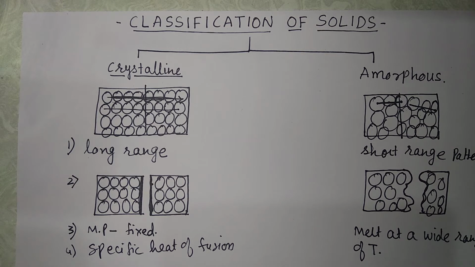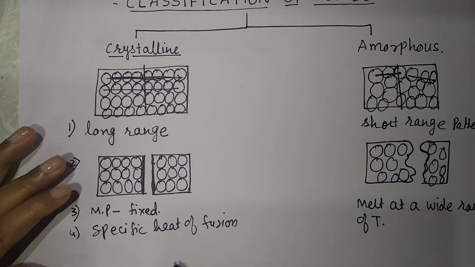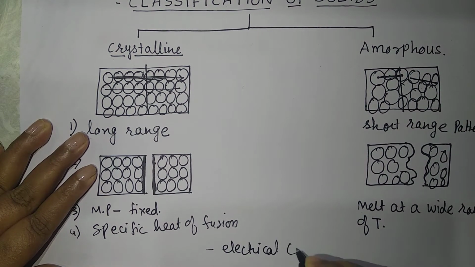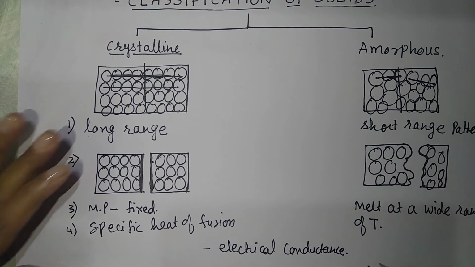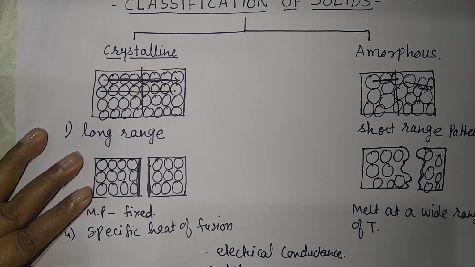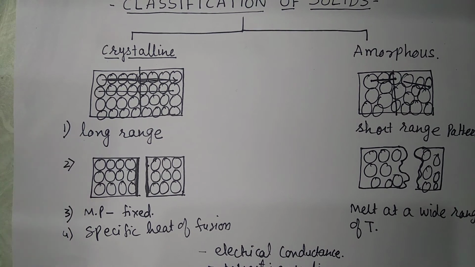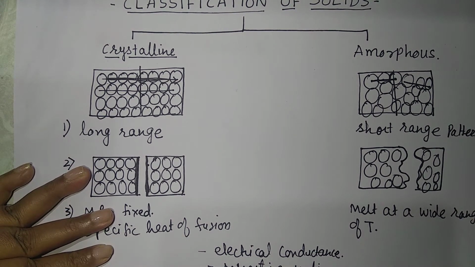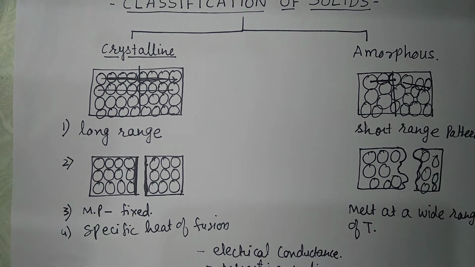In case of amorphous substances, let us see the properties I am talking about: electrical conductance, refractive index, thermal expansion. Those are the properties we will study for anisotropy and isotropy.